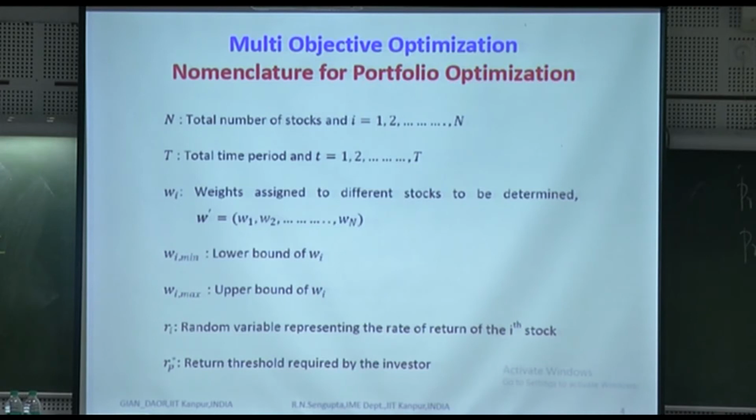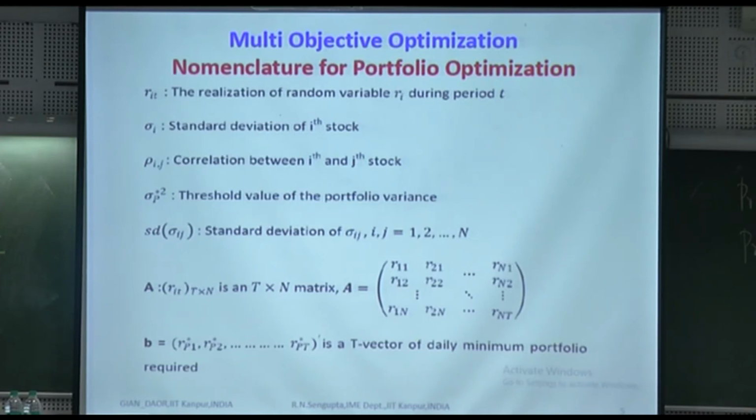RIs we know, RP star we know. So till now, the values which you do not know and we have to find out are the WIs, what are the weights. We know RIT, we know sigma I, we know rho ij, we also know sigma square P star, we know the standard deviation, we know matrix A, we know the vector B.